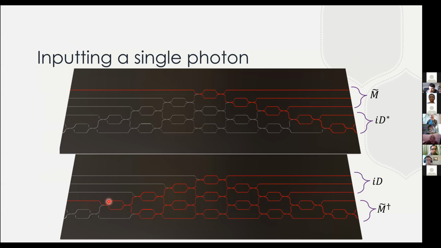If you input a photon into the bottom or reverse subsystem, you get the opposite. So if you detect it out of the reverse subsystem, you get the transformation M dagger, and if you detect it out of the top subsystem, you get the transformation ID. In our actual experiment, we use a single photon detector, so you can only detect a single photon from a single mode, because we're only inputting single photons at the minute.